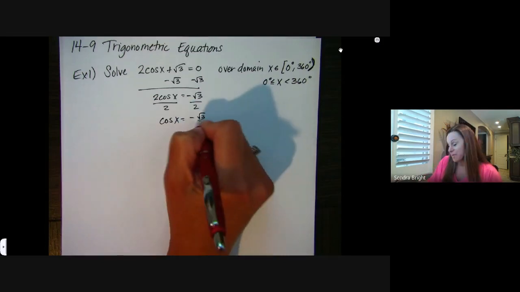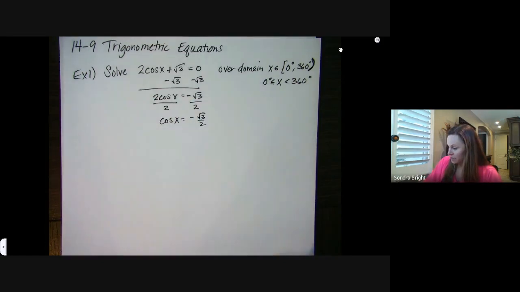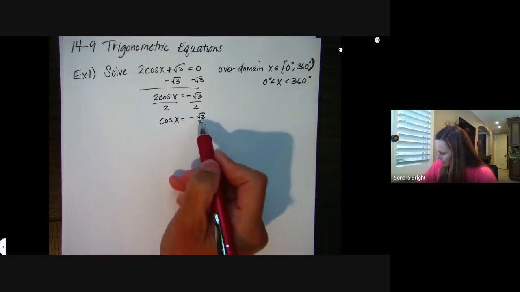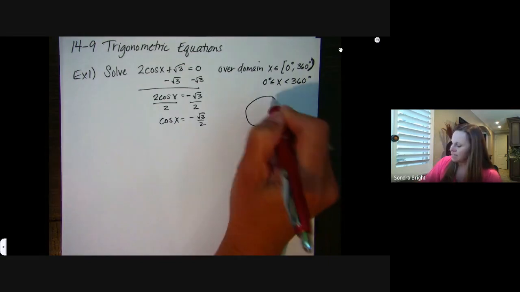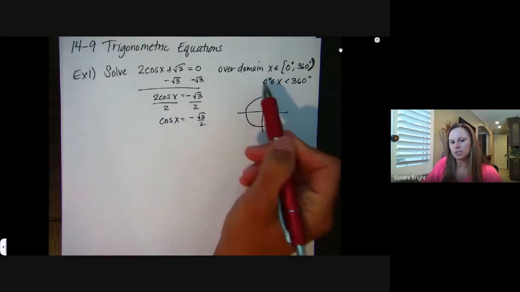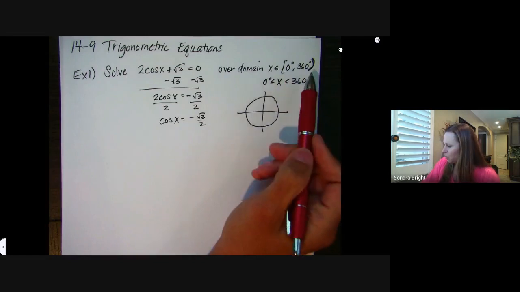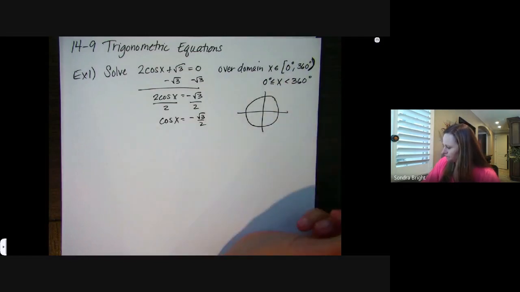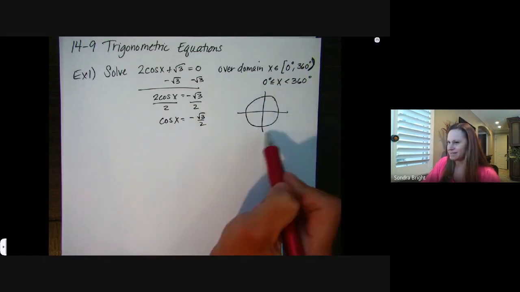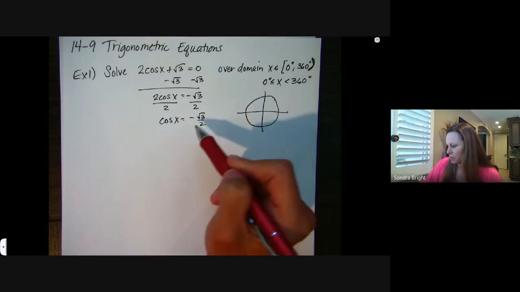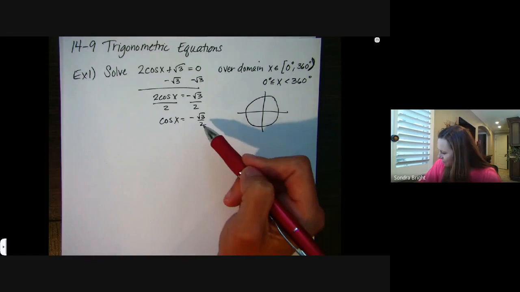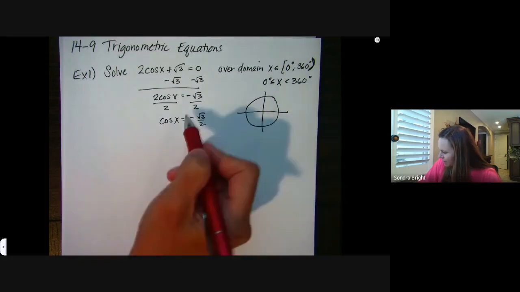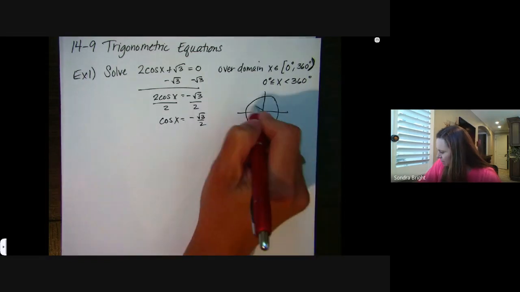Well, that's an angle you've memorized. You know angles that have a cosine of negative rad 3 over 2. So when I look at the unit circle, saying that it's between 0 and 360 means they want you to just consider one revolution around the circle. Cosine is a positive rad 3 over 2 with a 30-degree reference angle, but negative, it would be here and also here.